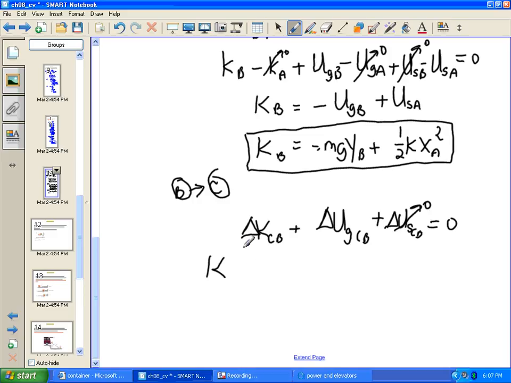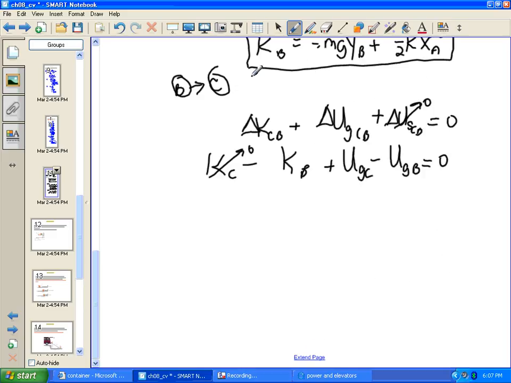Now, K sub C minus K sub B, of course we know K sub C is 0, plus UG sub C minus UG sub B equals 0. So let's see. KB, we already have solved for. So minus KB will give us minus mgy sub b.